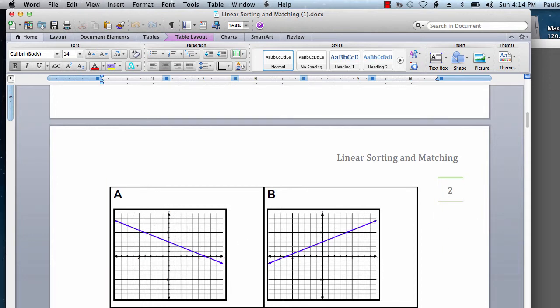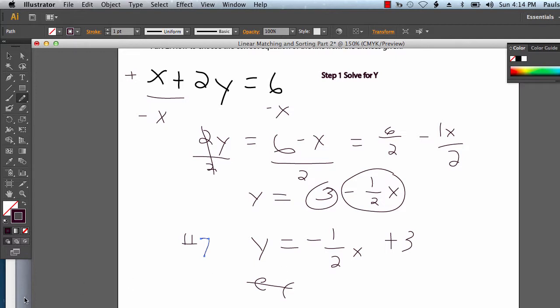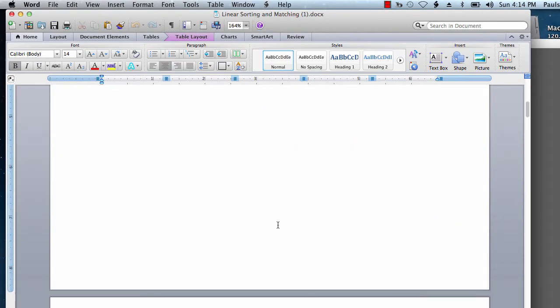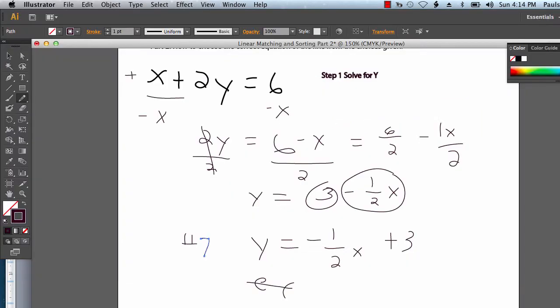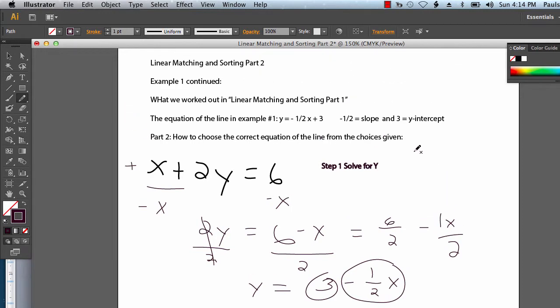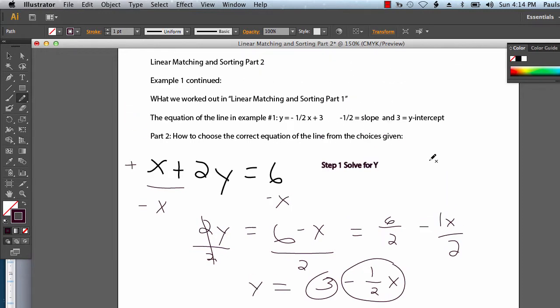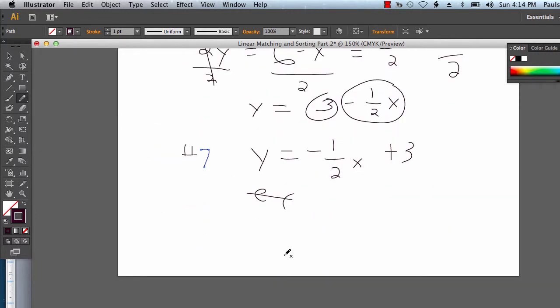Now, if we are looking at the slope and y-intercept, we know those. The slope is negative 1/2. Because remember that the formula, let's review that. The formula for a line is y equals mx plus b.